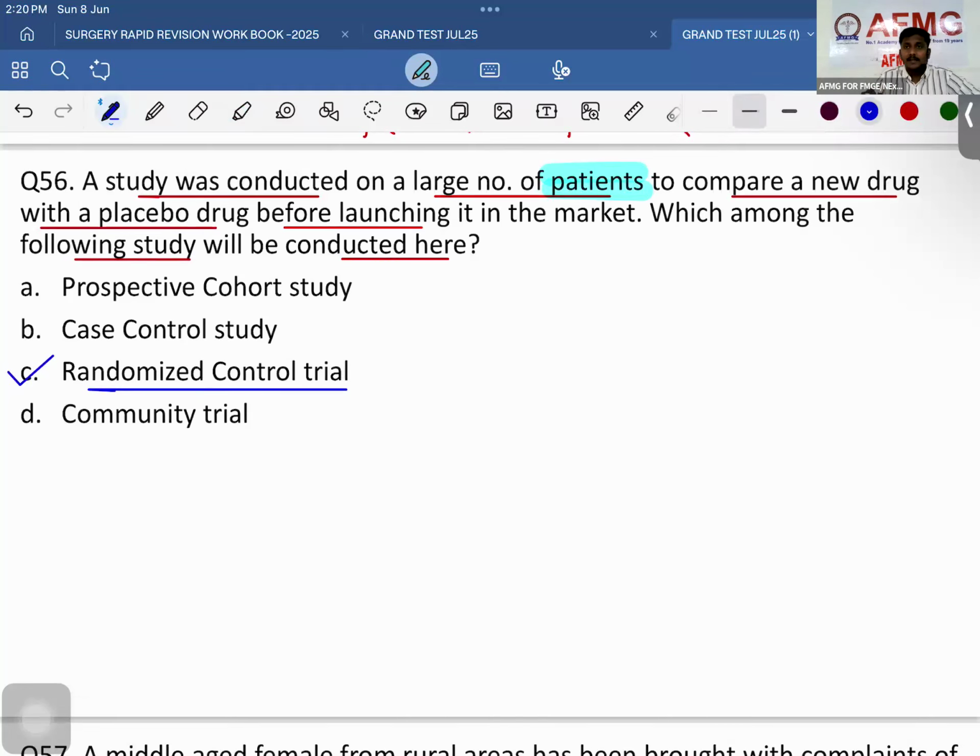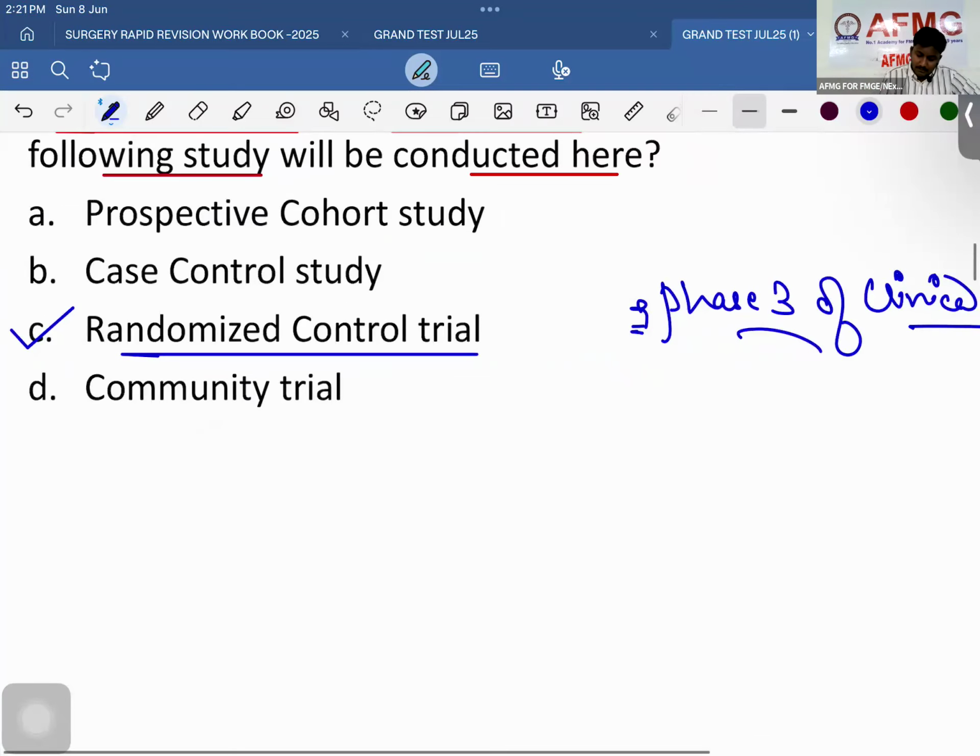We know that the study that uses patients as the unit of study will be an RCT, or randomized control trial. Second, we know that comparing a new drug with a placebo is usually done in phase 3 of the clinical trial. And I have already said that in phase 3 of the clinical trial we have to go for a randomized controlled trial, and that is the most important phase of clinical trial that you have to remember. Clear? So that is important.